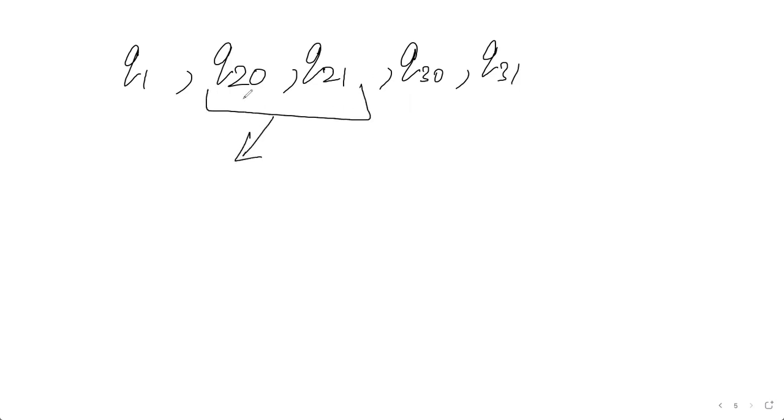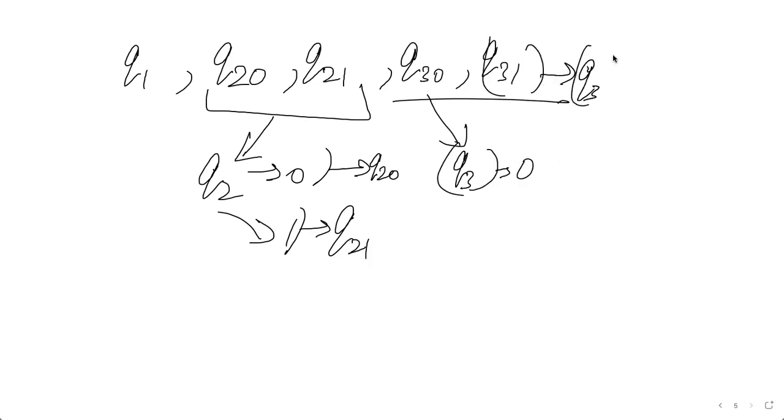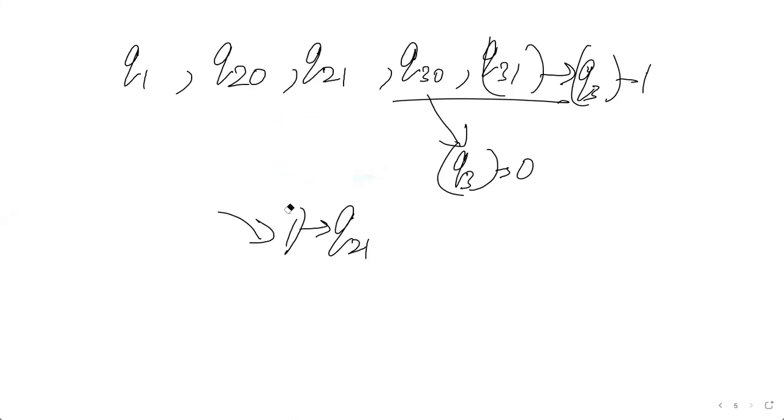Because this is the state Q2, which is going to 0 and also going to 1. The state with output 0 we call Q20. The state whose output is 1, we call Q21. Similarly, Q3 with the output 0, and here Q3 with the output 1. So we've got 5 states as compared to the 3 states we had earlier in the Mealy machine.